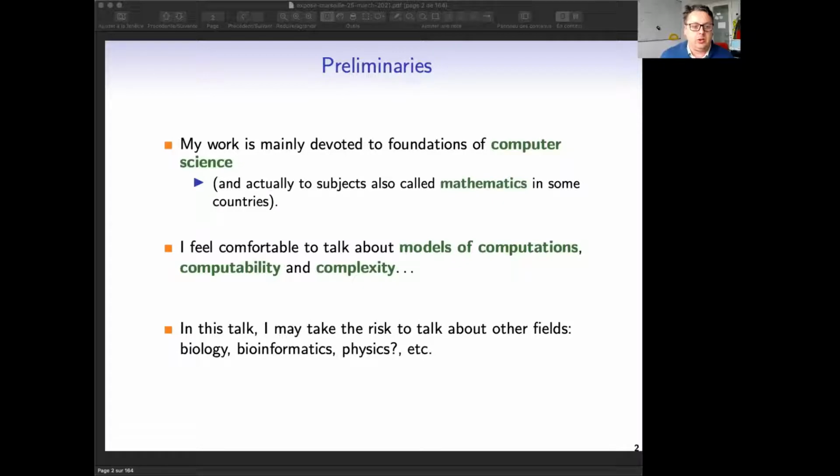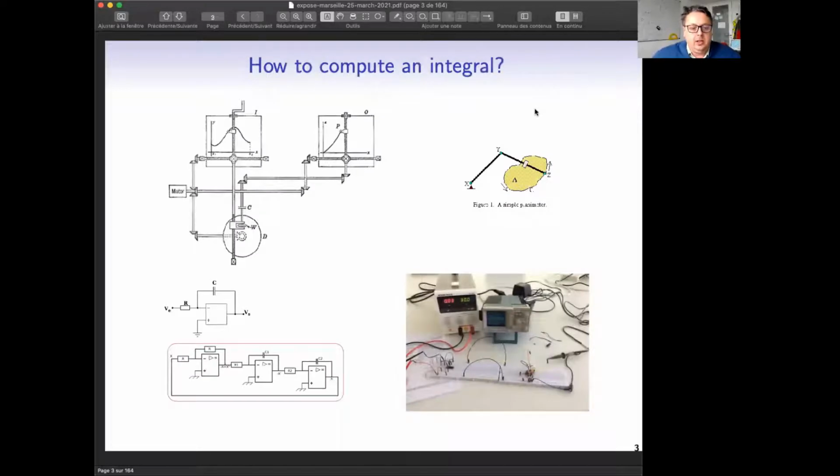So yes, let's start with a simple question. Suppose I want to compute some integral. Of course, as I consider myself a computer scientist, I mean with a computer. One approach could be to use numerical analysis methods, but another would be to use the tools that were used in the past to compute integrals.